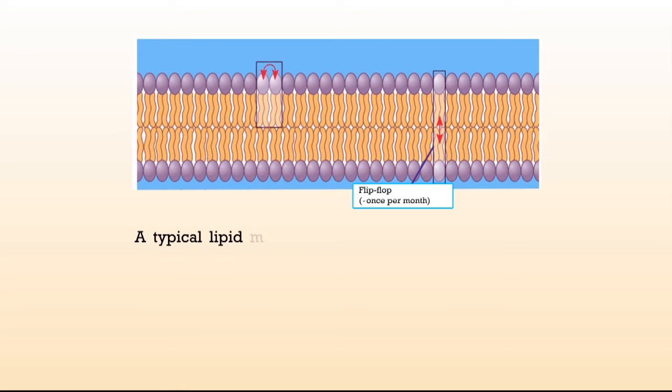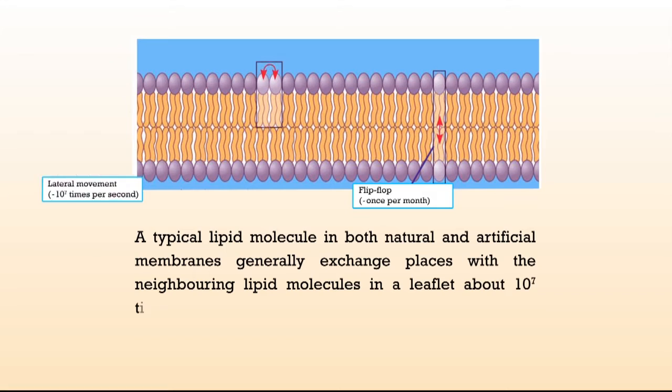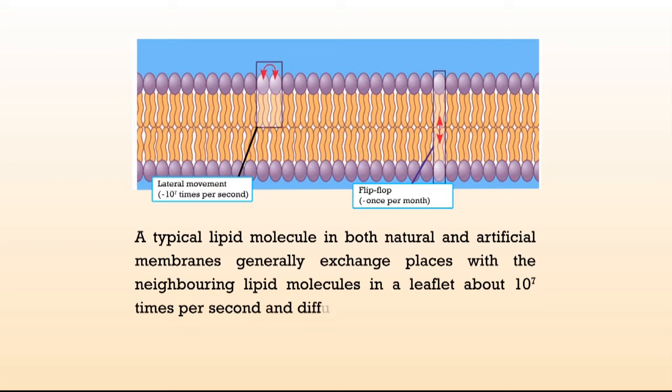A typical lipid molecule in both natural and artificial membranes generally exchanges places with the neighboring lipid molecules in a leaflet about 10^7 times per second and diffuses several micrometers per second at 37 degrees Celsius.